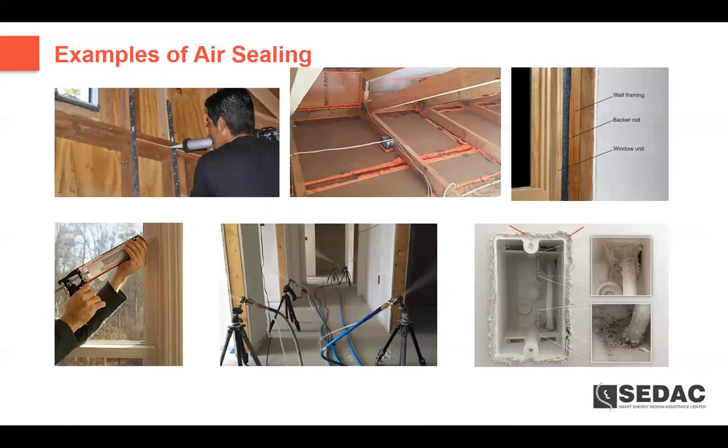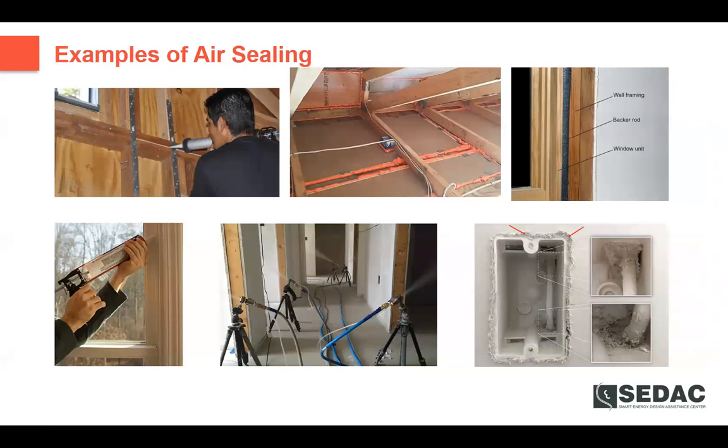We see a gentleman there caulking between plates. We can see up in the attic a lot of foam being used where the drywall meets the walls. Wire penetrations and utility penetrations, such as for vents, plumbing vents, and things of that nature.